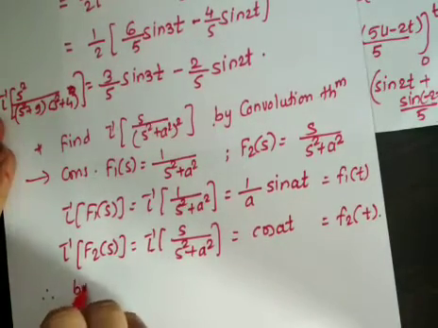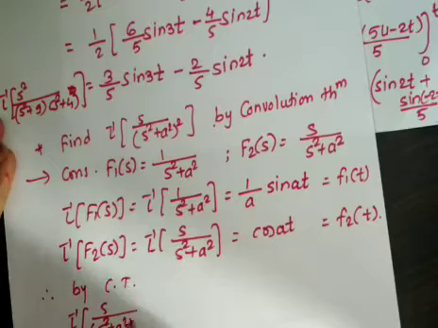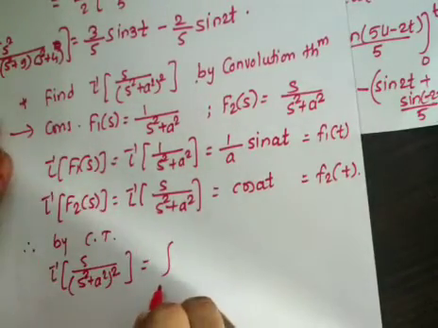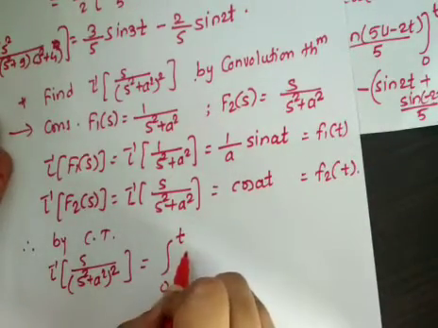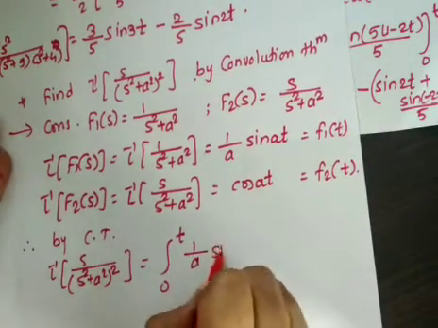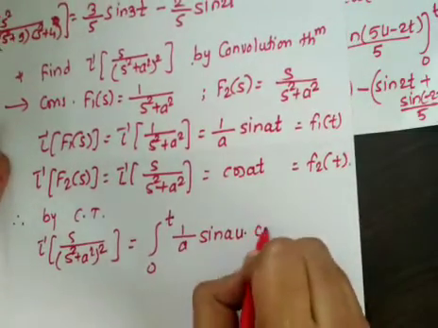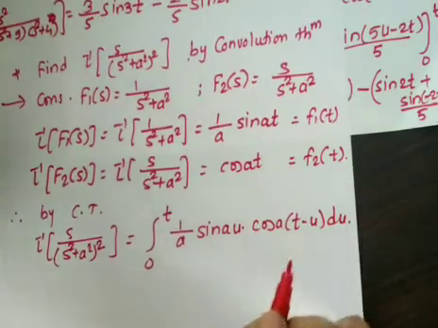Therefore by convolution theorem, Laplace inverse of s upon (s square plus a square) whole square is equal to integration 0 to t f1(u), that is 1 upon a sin au, into f2(t minus u) du.